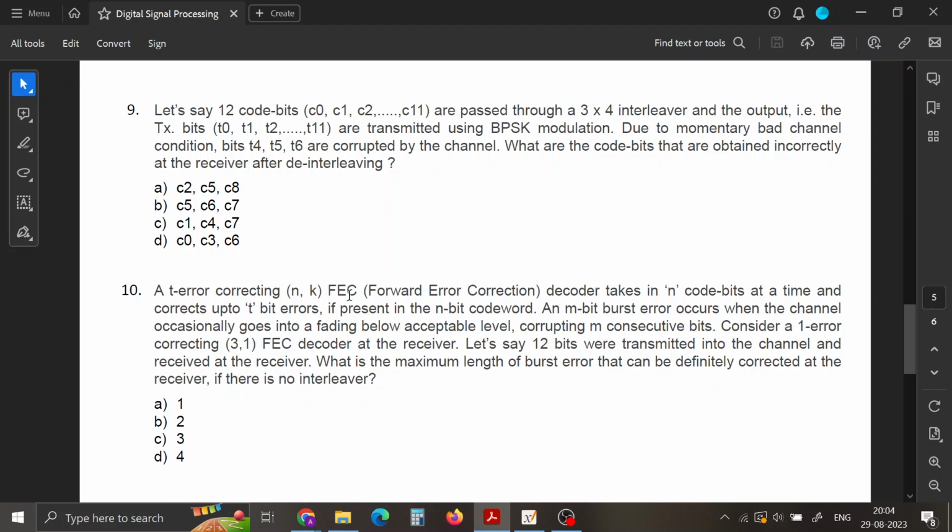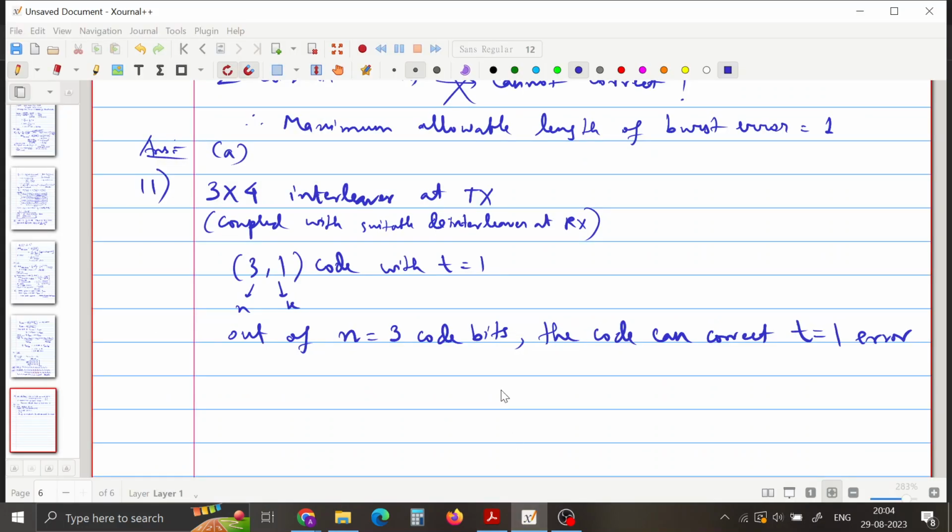I use the definition of a t error correcting code: out of the n code bits at a time, t bit errors can be corrected. So if n is 3 and t is 1, I can say this, correct?